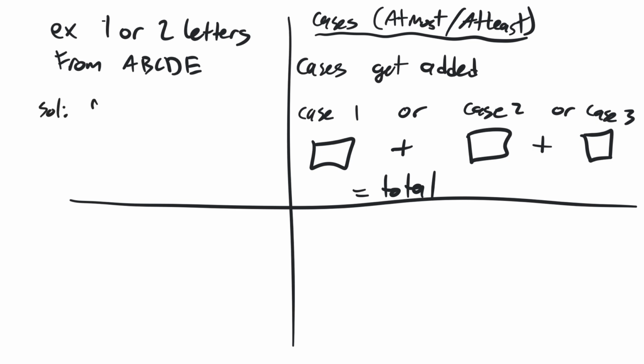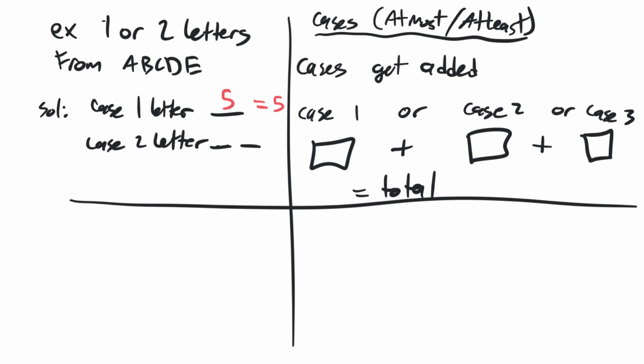We could do the case with 1 letter or the case with 2 letters. If it's got 1 letter, we draw 1 blank. 2 letters, we draw 2 blanks. Because we have 5 letters to choose from, this would be 5. That equals 5. This would be 5 and then 4. 5 times 4 is 20. Adds up to a total of 25.